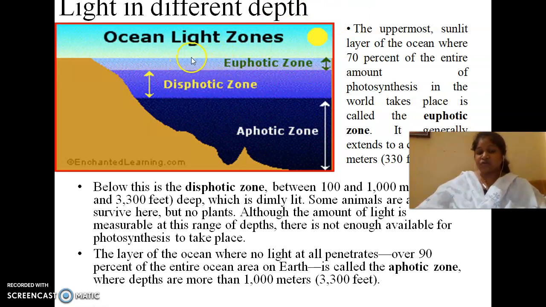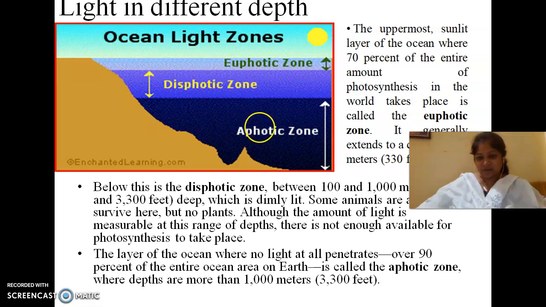chlorophyll and most of the unicellular organisms take the sunlight to produce food by the process of photosynthesis, they will be available in the euphotic zone. After that, in the dysphotic zone, they may travel up to the dysphotic zone, but most of the chlorophyll will be available in the euphotic zone.